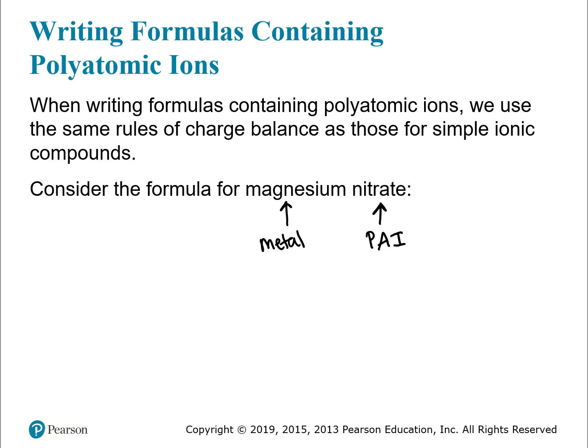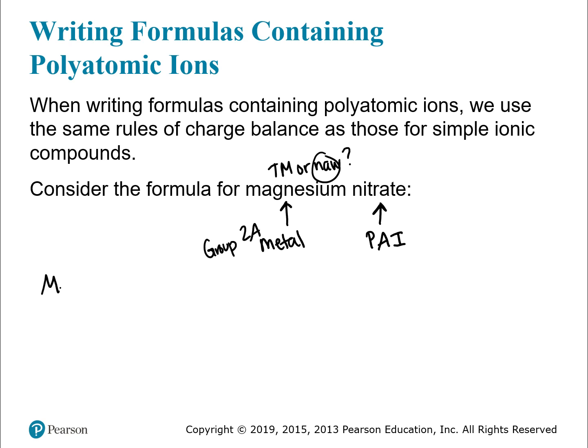So magnesium, that corresponds to the magnesium ion, right? You have to look at your periodic table, figure out if it's a transition metal or not. It's not. So we look at the periodic table for the group number. It's in group 2A.